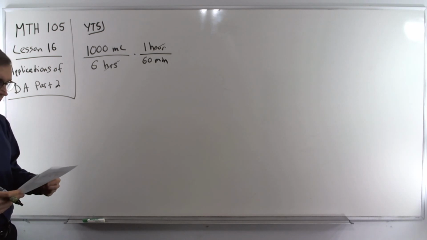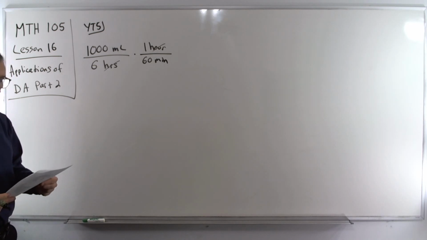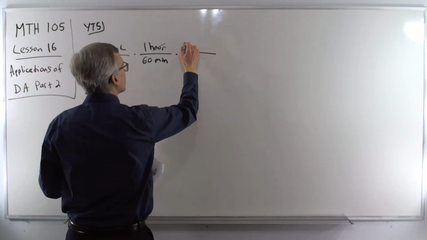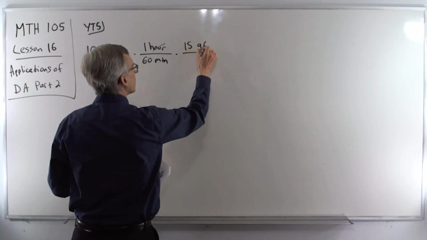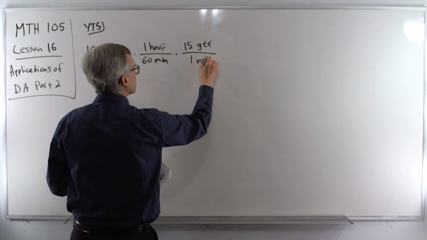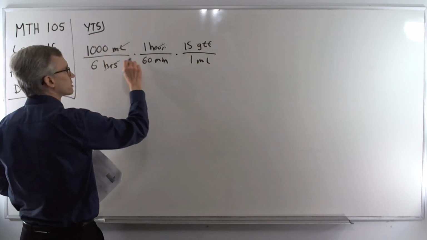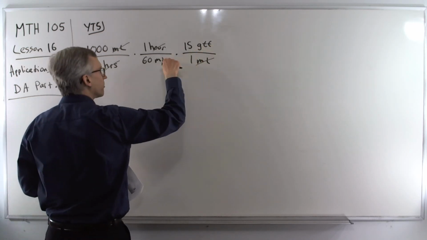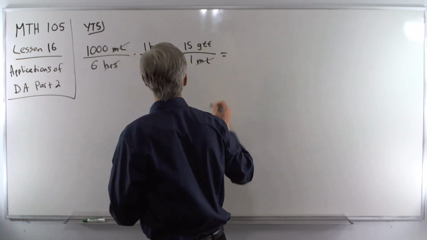So here we're going to use the drop factor, 15 GTT per milliliter. Milliliters go on bottom. Now we've got milliliters on top and bottom. Those will cancel. The units left are GTT per minute, and that's what we're looking for.